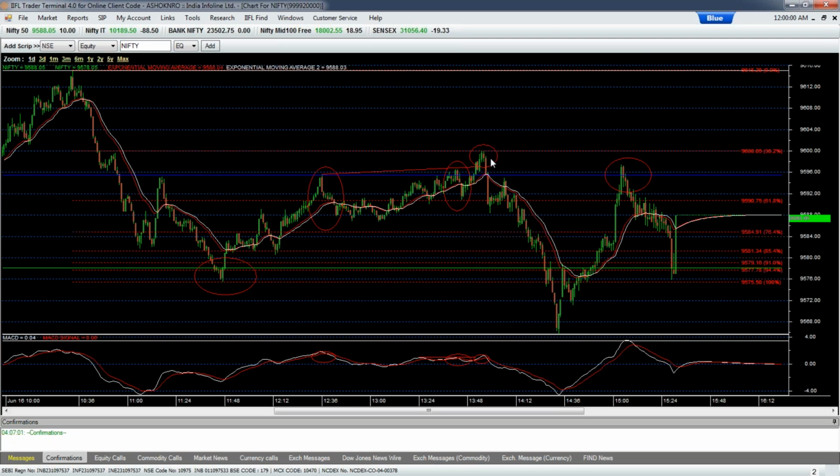And the 20-21 day moving average gave a signal that this is a reversal, this is a place where you have to sell.